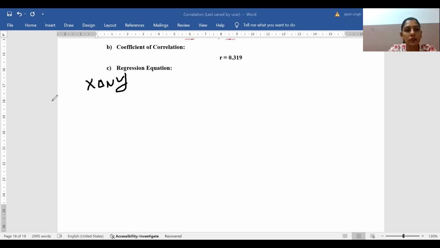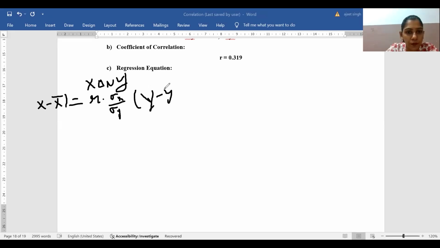So the formula is x minus x bar is equal to R, standard deviation of x divided by standard deviation of y, times y minus y bar. So this is the formula.